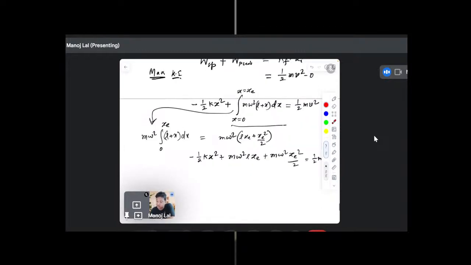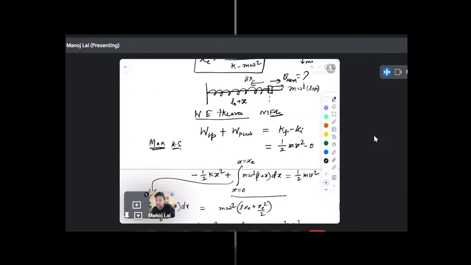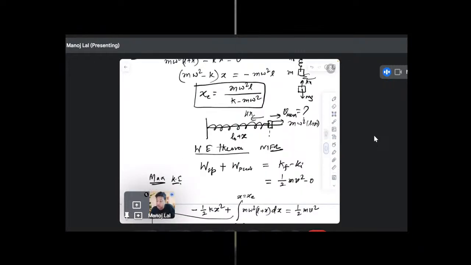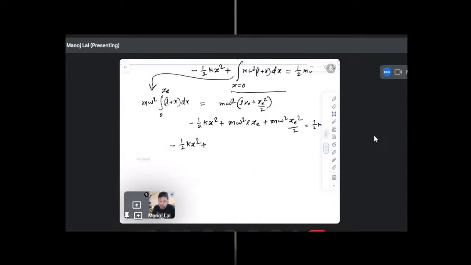So let me change this. I want to write like this: minus half k x square plus, or you can do the calculation according to your style, m omega square L x e into (k minus m omega square). So I am writing this here.